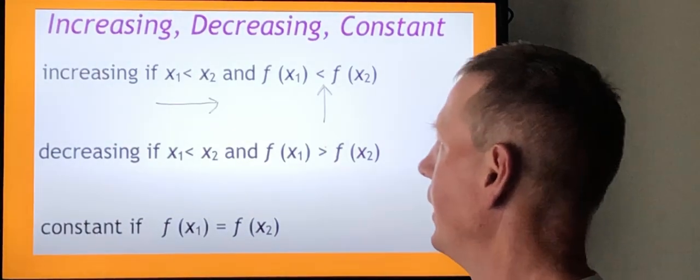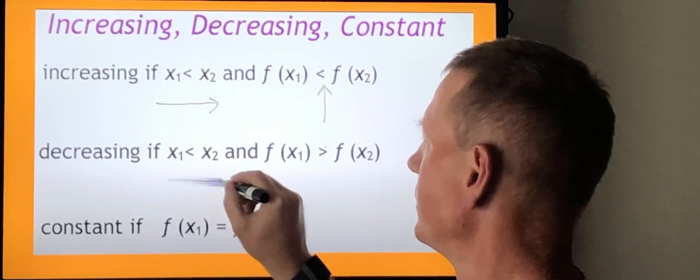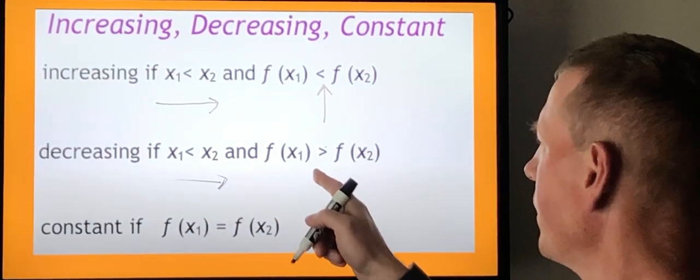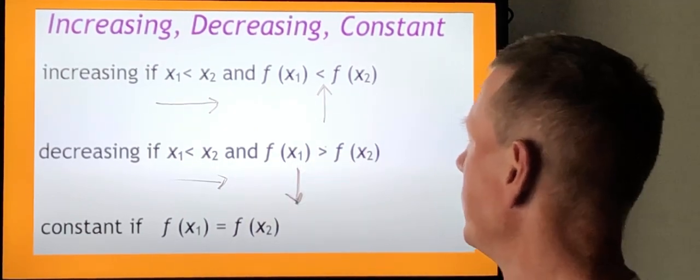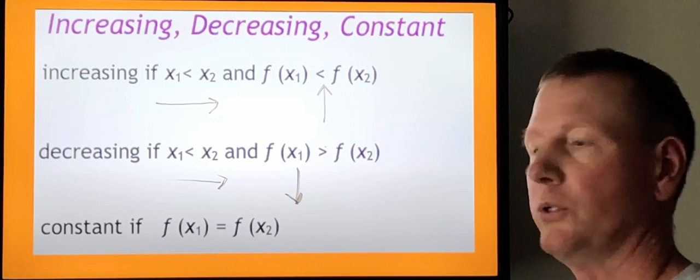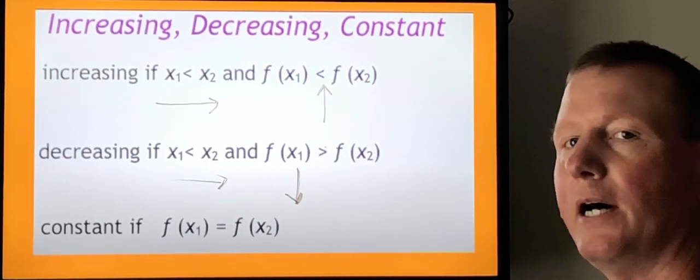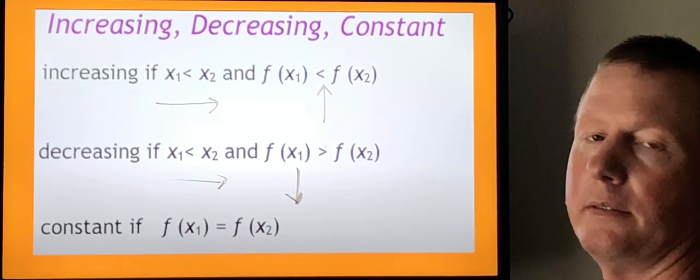Decreasing. This is a situation where as x increases, so as we go from left to right, the f of x value goes down. So as I go left to right, my y value is going negatively or going down.